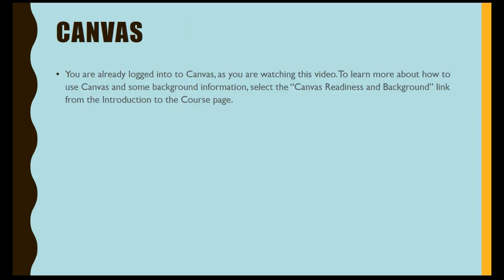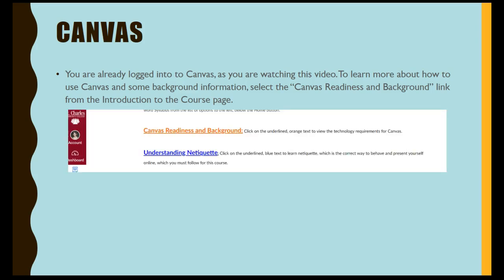If you're watching this video, you've already logged into Canvas and found the introduction page on Canvas. In order to make sure that you are fully prepared to take an online course using Canvas a lot, you can read information about the Canvas readiness and background, which is below the introduction video that you clicked on to watch this.